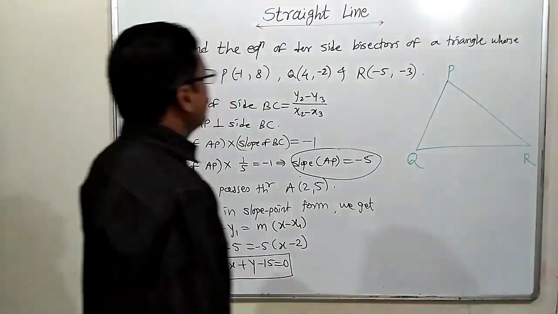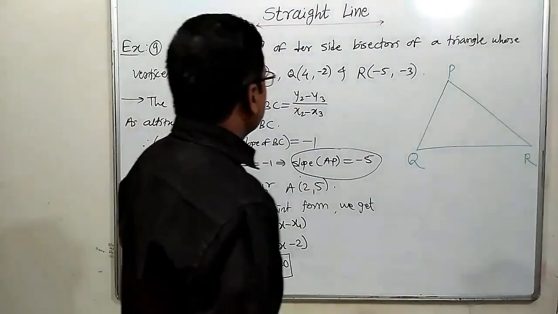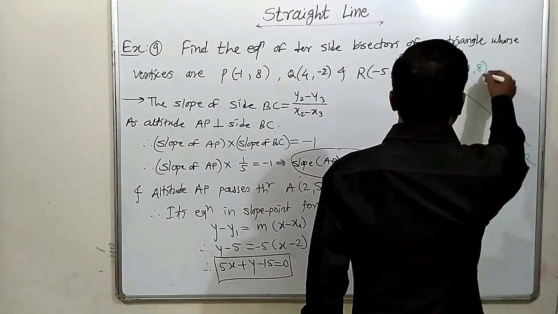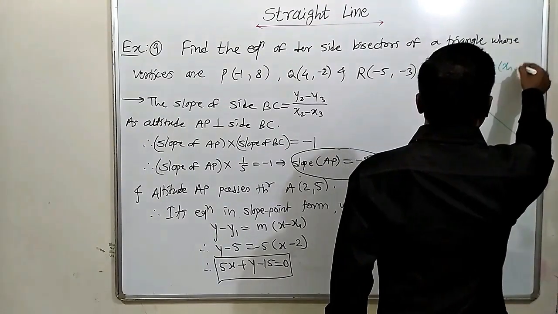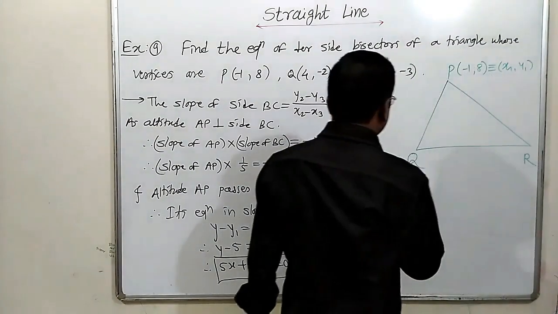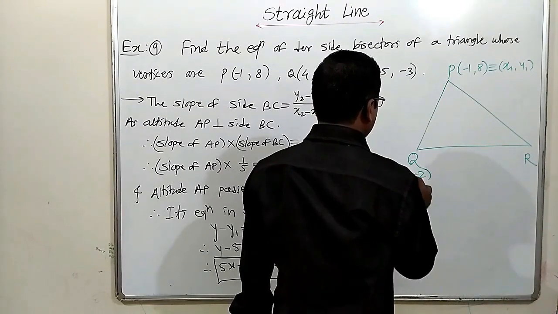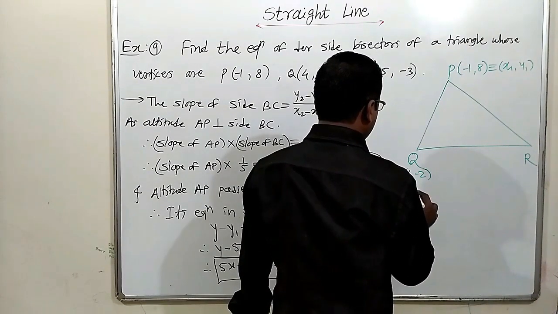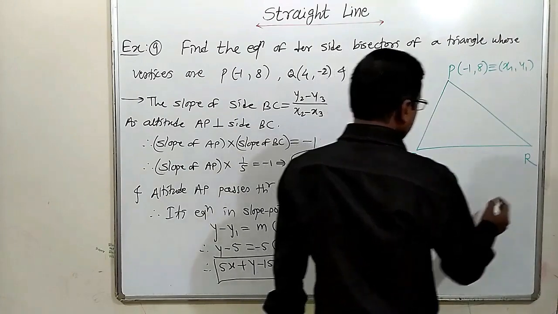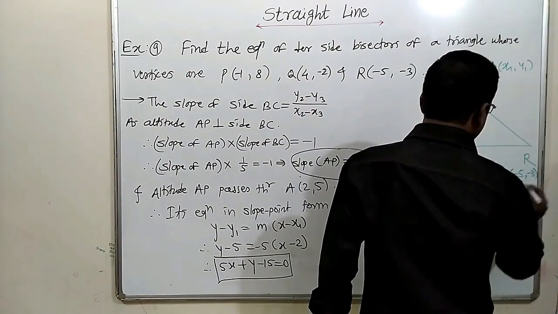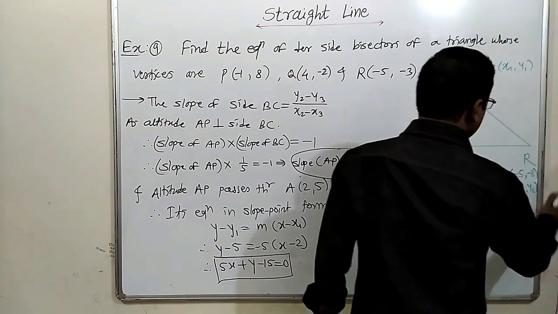PQR is a triangle whose coordinates are P, that is (-1, 8). Let us consider it as (x1, y1). Coordinates of Q are (4, -2). Consider them as (x2, y2). And coordinates of R are (-5, -3), so they may be (x3, y3).